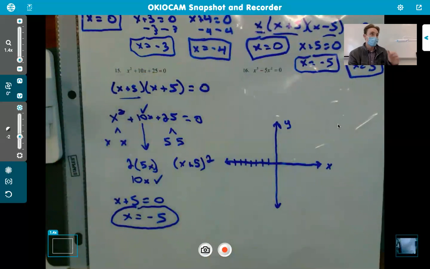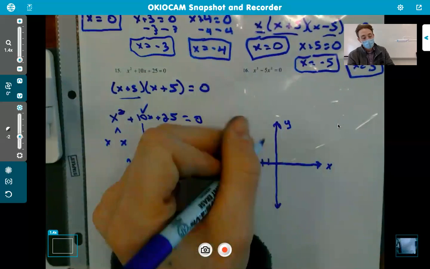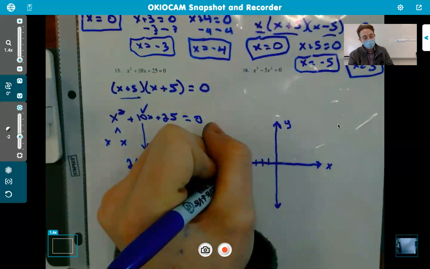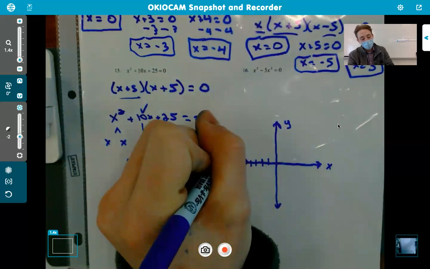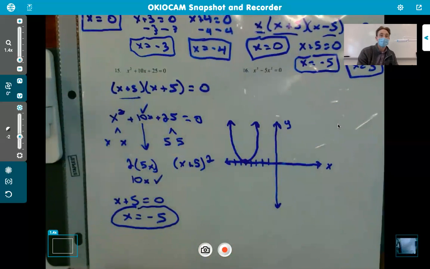It's that parabola, it's that U shape still, but it's one solution. All it's doing is touching the x-axis at that point. It's not crossing like it might have in another solution. So at -1, 2, 3, 4, 5, my parabola is opening up like this and just touching at that point, but never crossing. And we're going to talk about that a little bit more next week again to review that concept, but that's what it looks like when you have one solution.